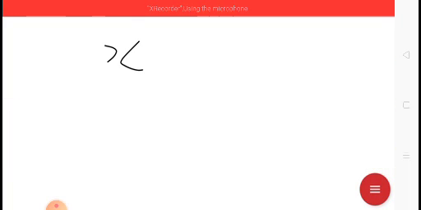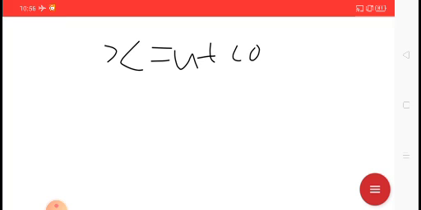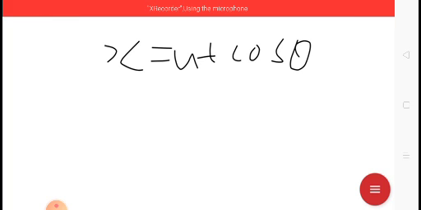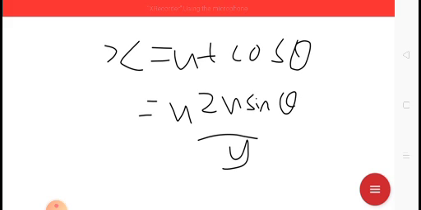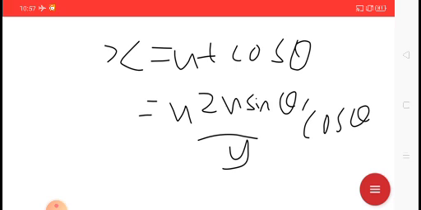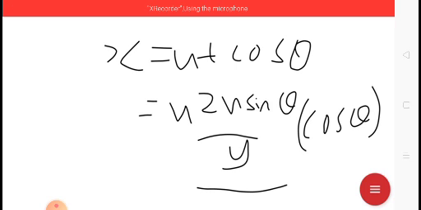Okay, so we pause it, see what happened. So x equal to ut cos theta. So we sub the general equation for t, for the range, the total timing inside here. So what we have is u times 2u sine theta over g and cos theta. Right, so this one from previous part, and this one is g, not y.